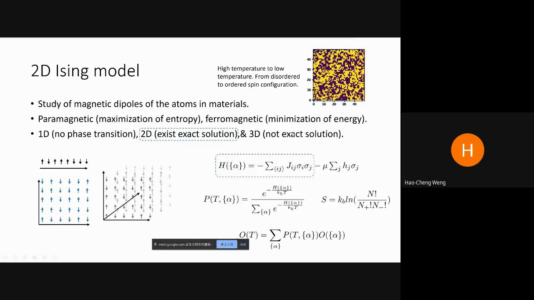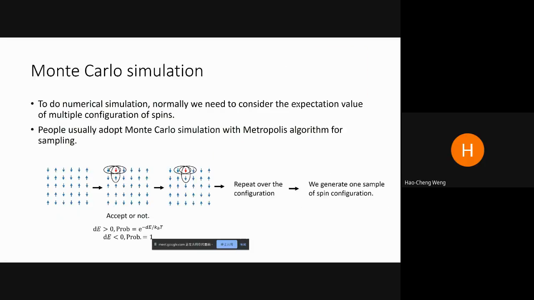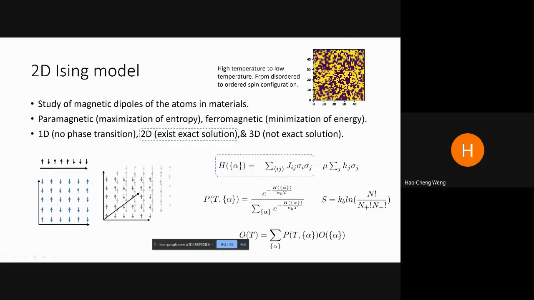For the 2D Ising model, there's an exact solution deciding at which temperature the material is in the paramagnetic phase or the ferromagnetic phase. Here is a video that gives a picture of these phases.